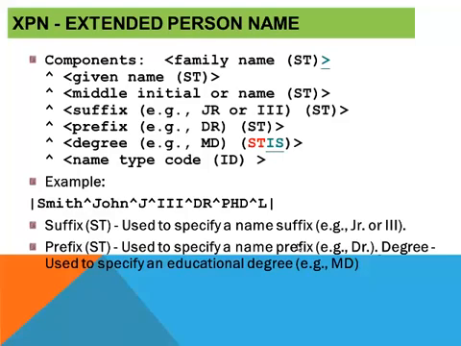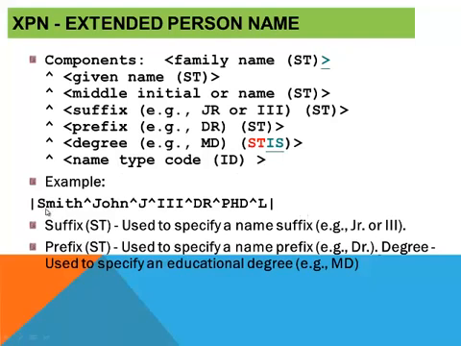We call it XPN, the extended personal name. In this data type, the first component is the family name, then the given name, the middle initial, then a suffix such as junior or senior, then a prefix such as doctor or Mr., then the degree, then the name type code.